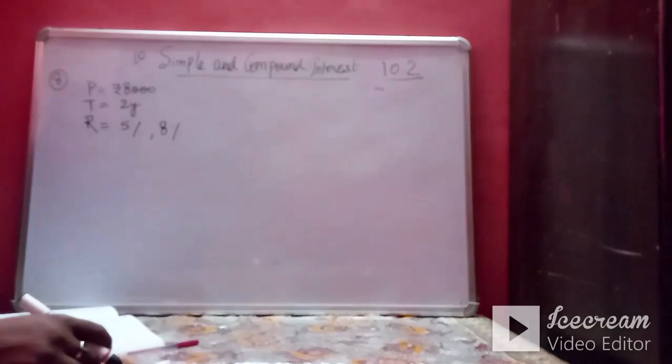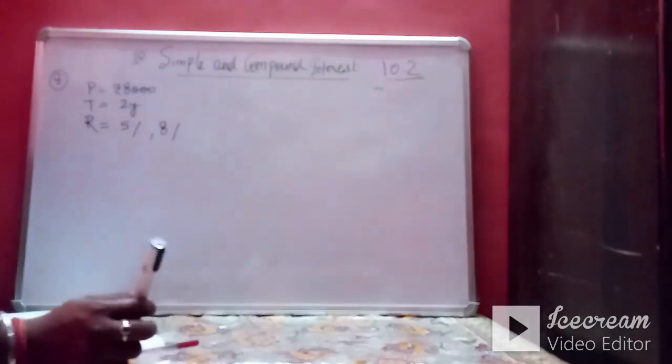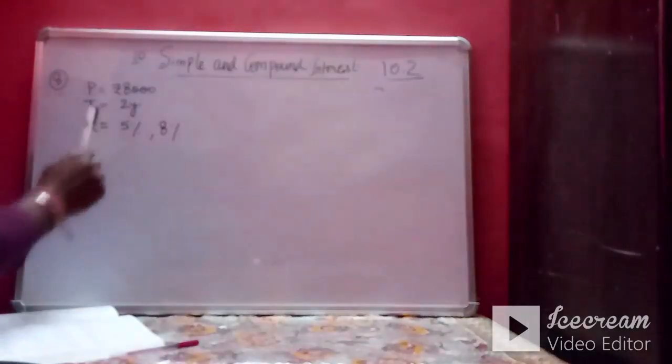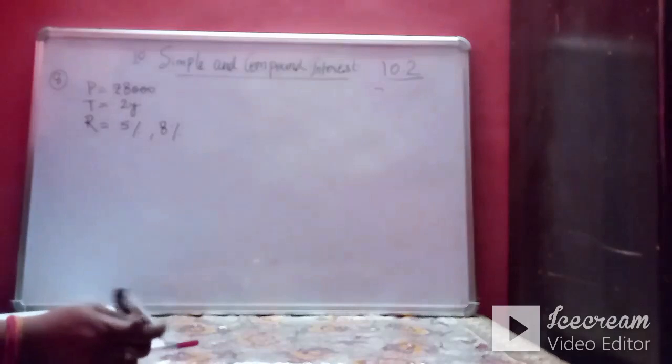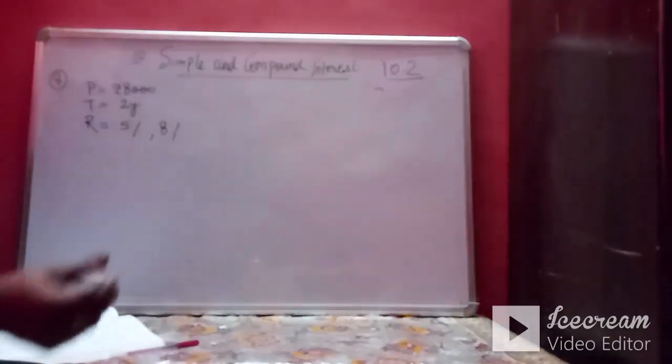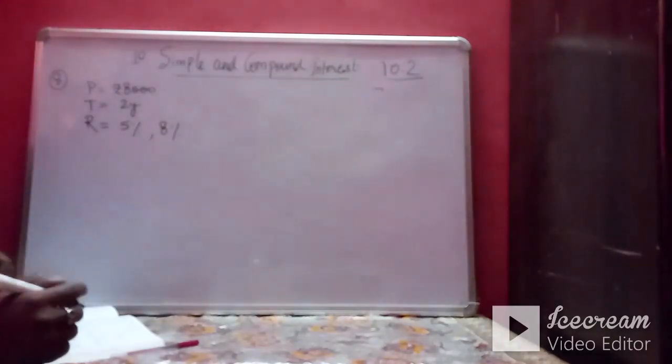Okay, so for doing problems like this, what you can do, you can take 5% for the first year and 8% for the second year, or you can take 8% for the first year and 5% for the second year. Whatever you want to take, you can take, and we will proceed like we have done the previous two questions.